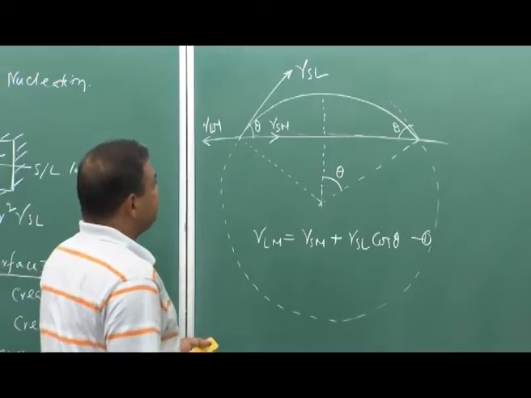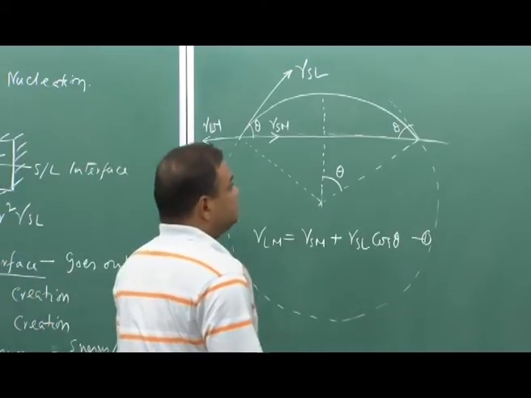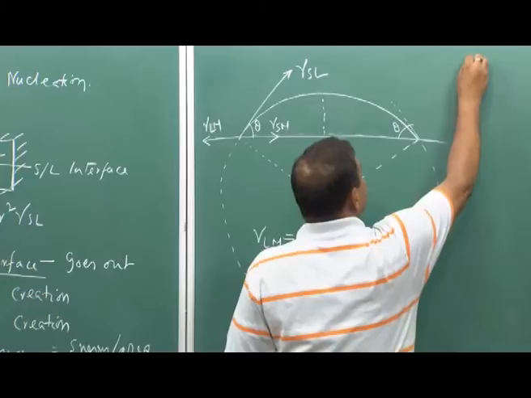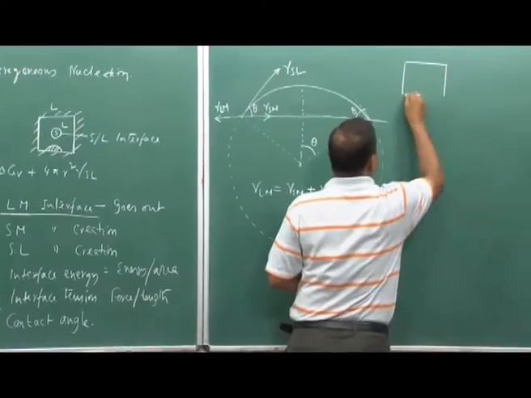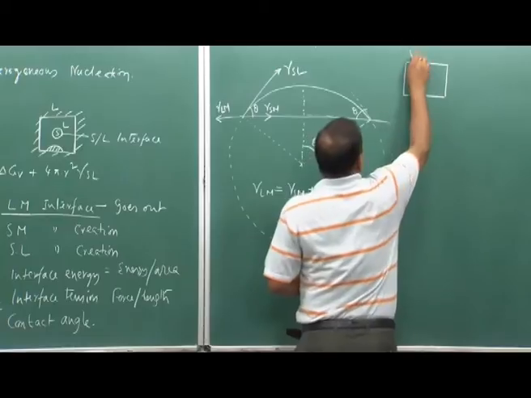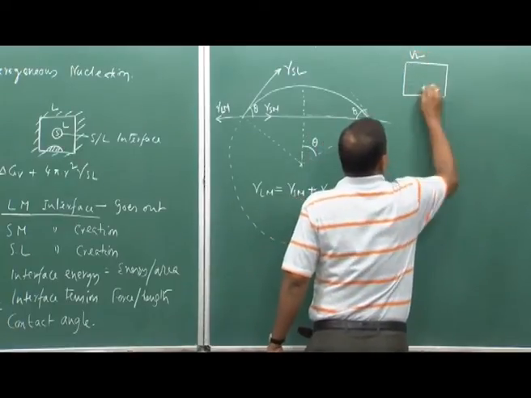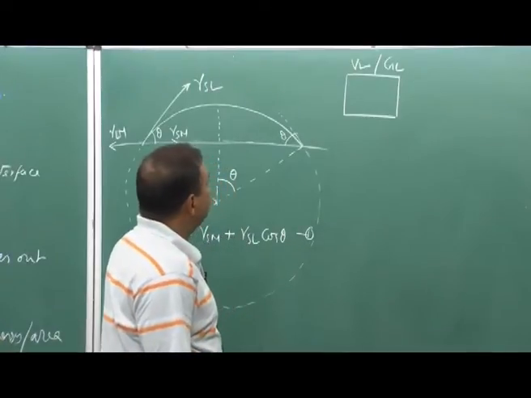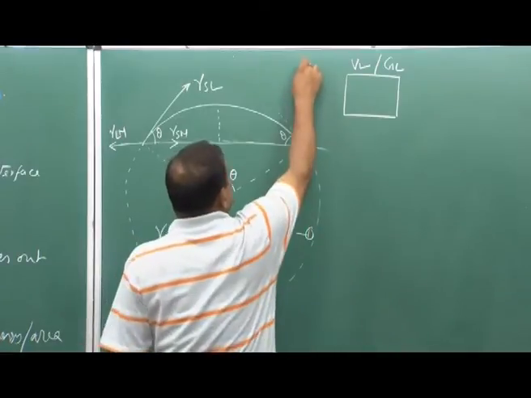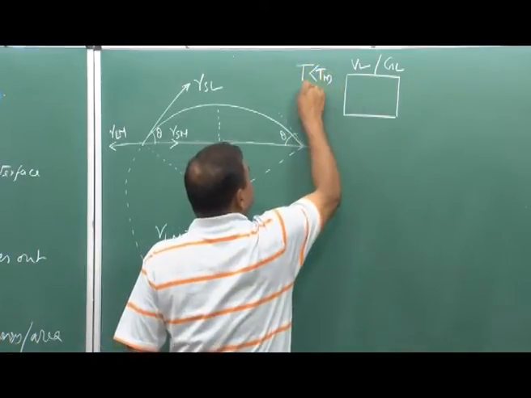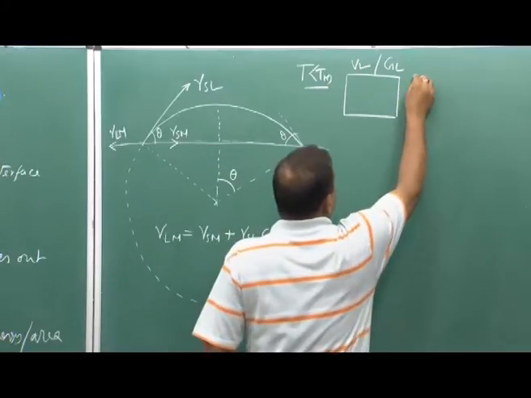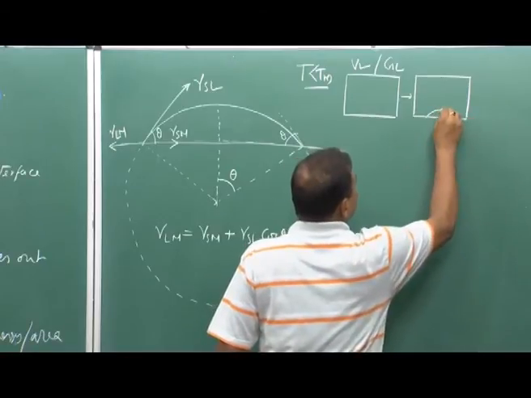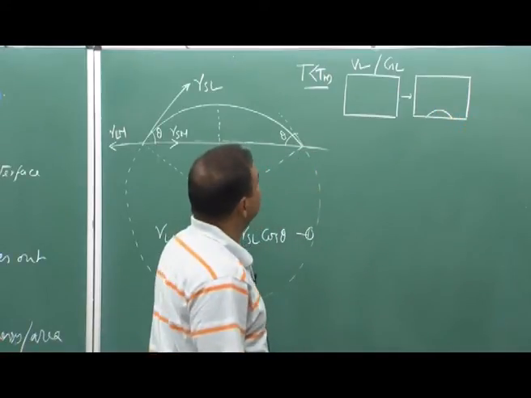Now, the second case: we try to understand the similar relation we got in the case of homogeneous solid-liquid transformation. If that is the volume V L, and G L is the free energy per unit volume of that liquid, at temperature T, which is less than T m, then we can get another instance where solid will form on top of the mold wall.